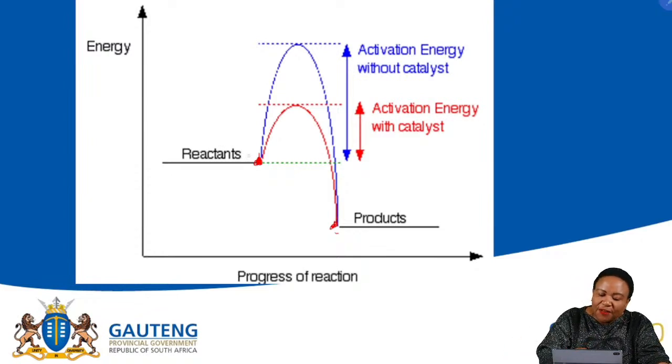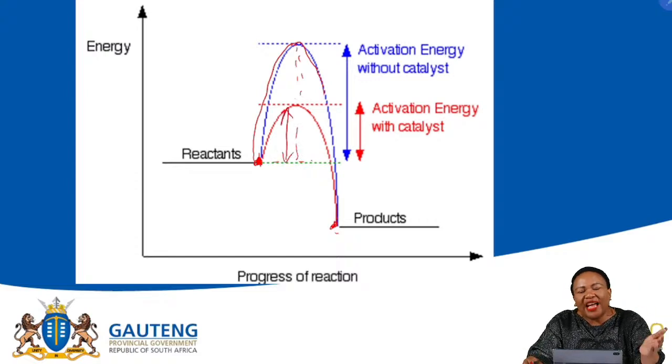So the first graph is without a catalyst, and the second graph is with a catalyst. What the catalyst has done is lower the activation energy from here to this point, providing an alternative pathway for the reactants to react.